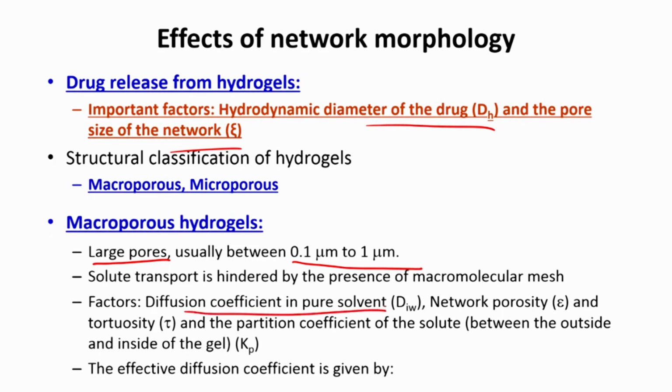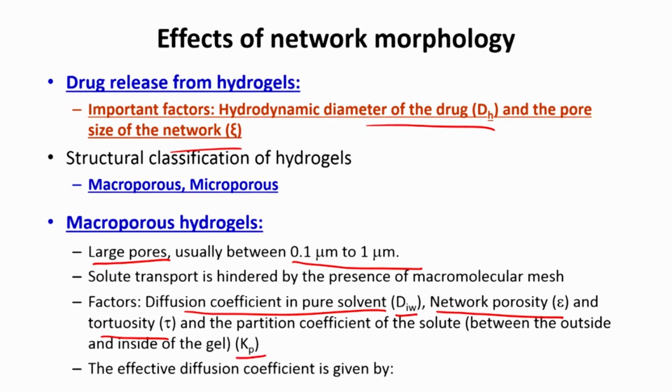Let us say if there was no mesh, then the diffusion coefficient would have been D_IW. Another thing we are defining is network porosity, which we already defined, and tortuosity. And then the drug may have some partition coefficient, because it may have a different solubility between the outside water and inside the gel. Let us say that the partition coefficient is defined as Kp.